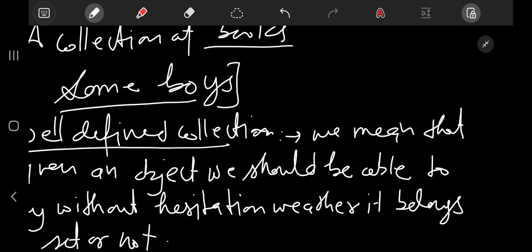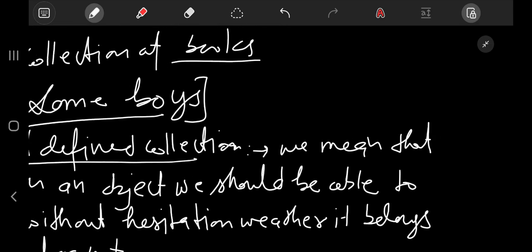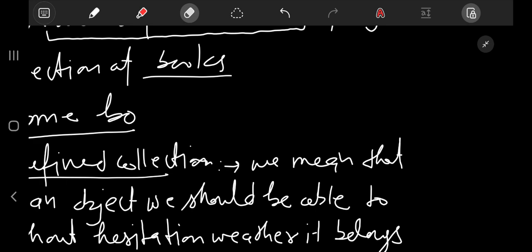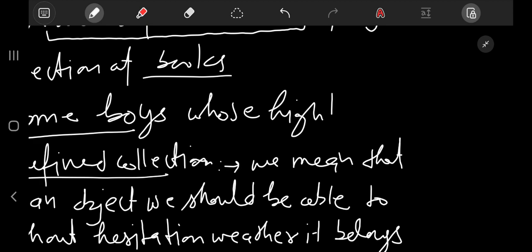But if we write here some boys whose height is less than 4 feet, then we can collect students. We can make a group of students whose height is less than or equal to 4 feet directly by measurement.